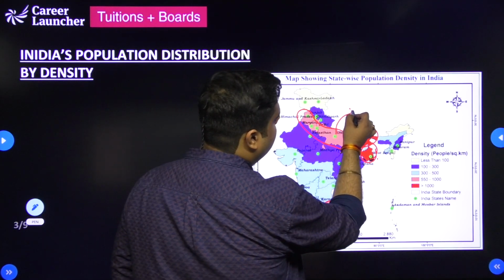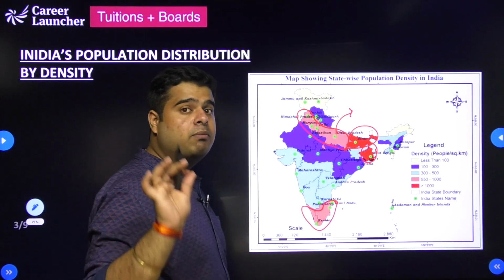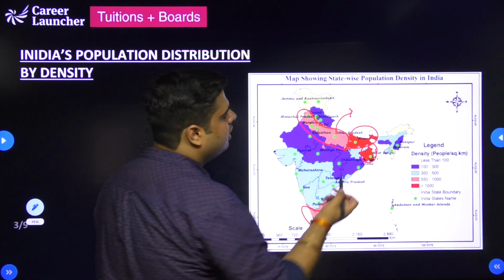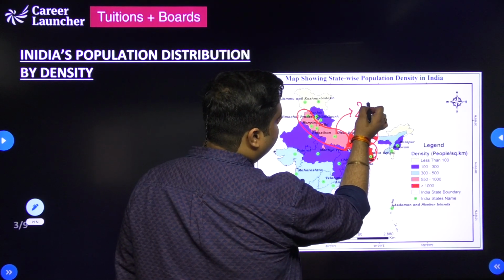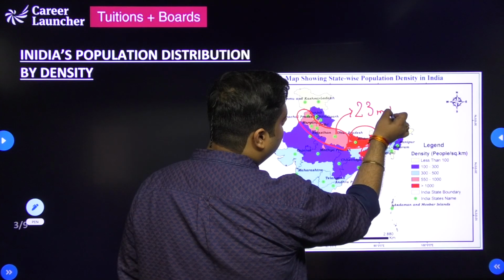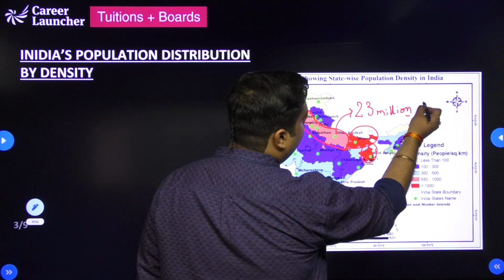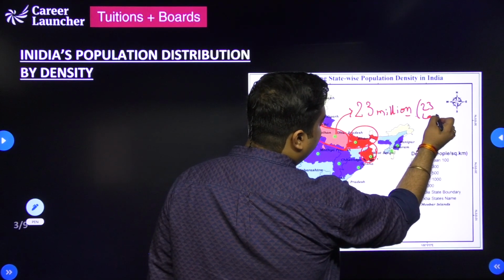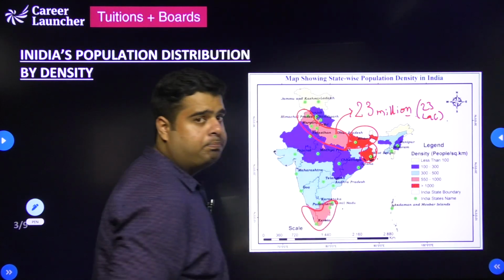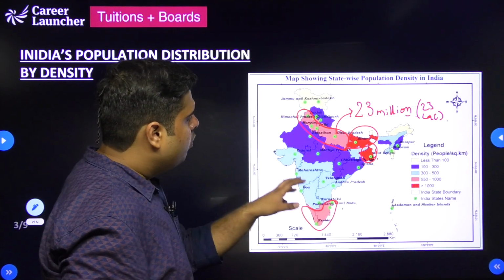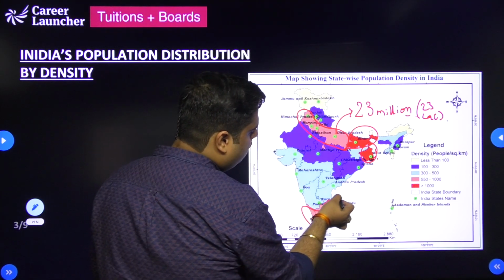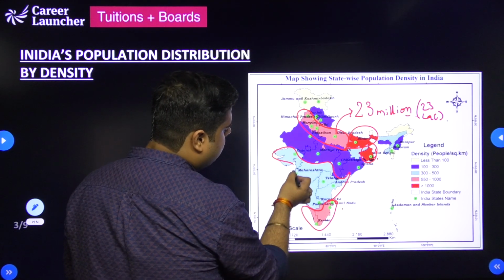Uttar Pradesh has the distinction of being the most populous state of India, with a population of around 23 crore.